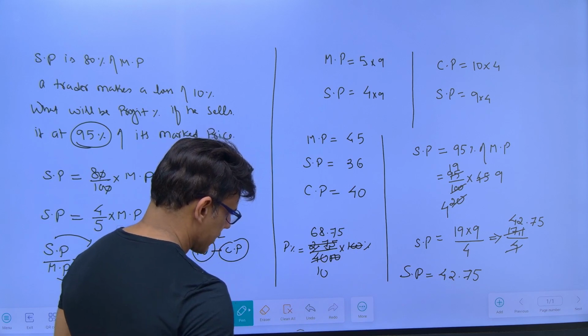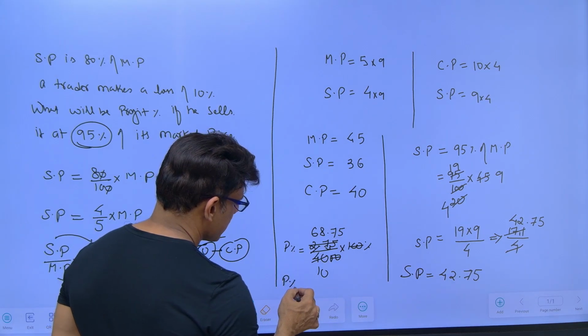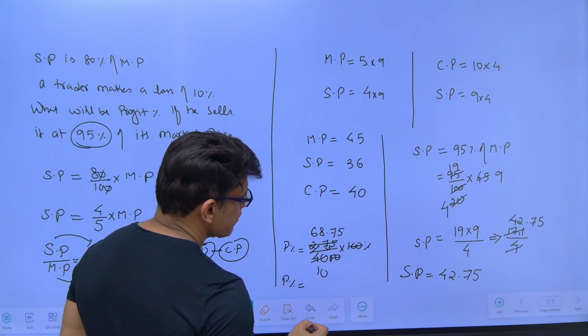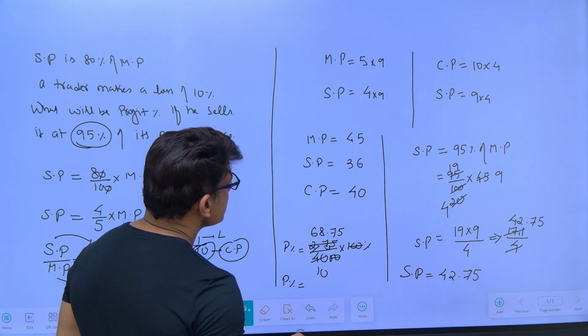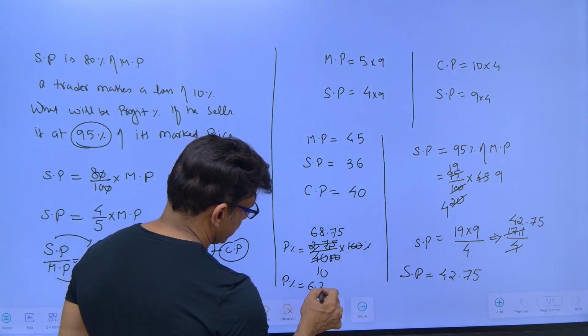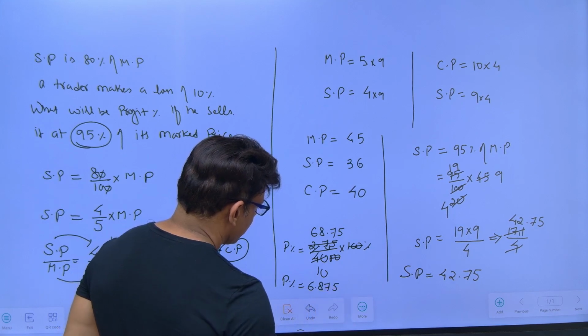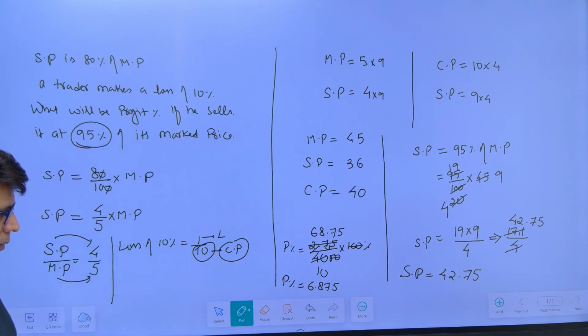Correct, right? .75 by 40, right? .875, which is close to 6.9. Look at which option has 6.9. Option 3.